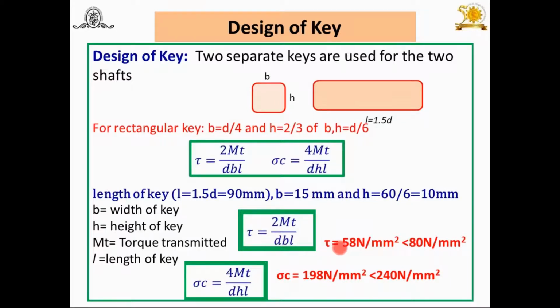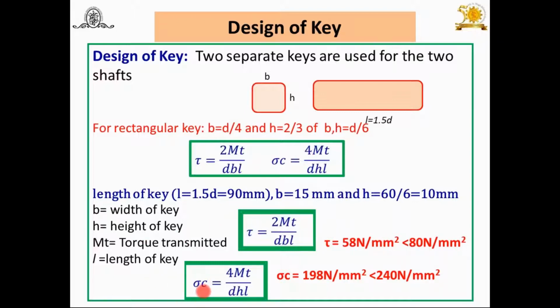Now, the induced shear stress in the key, design against shear failure, 2Mt upon dBl. Substitute all these values, you will get tau induced, shear stress induced 58 Newton per mm square. But here for the key material, the permissible shear stress is 80. The induced stress is less than 80 Newton per mm square. You can see your design is safe.